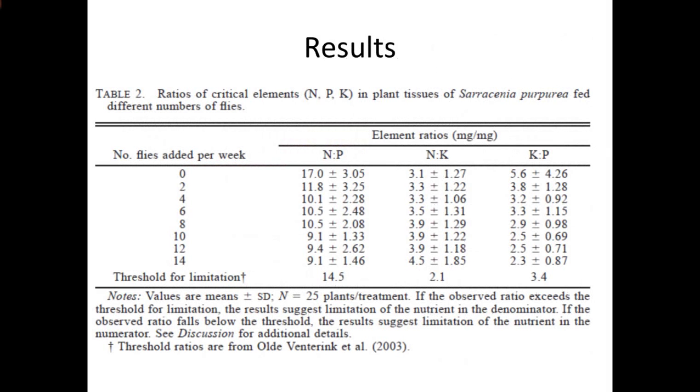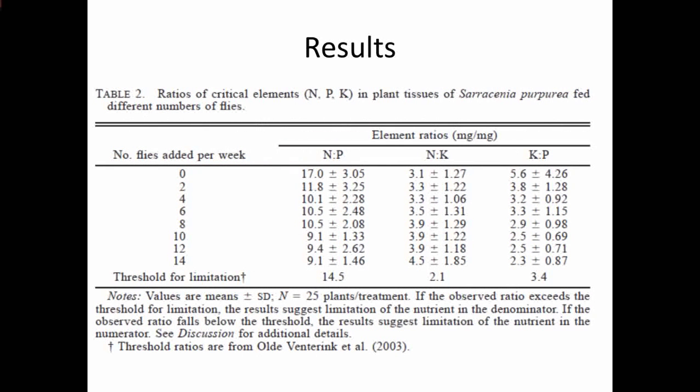They also found that collectively these prey additions shifted plants from being phosphorus limited under ambient conditions to being nitrogen limited, or nitrogen-potassium co-limited, when prey was added. And so let me walk you through this graph right here. These are threshold values that represent limitations for a particular ratio.